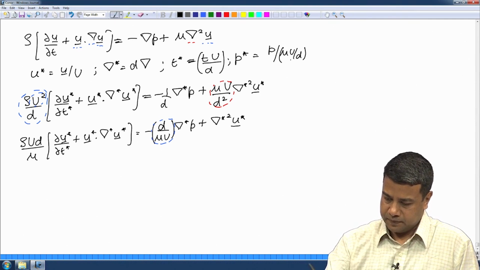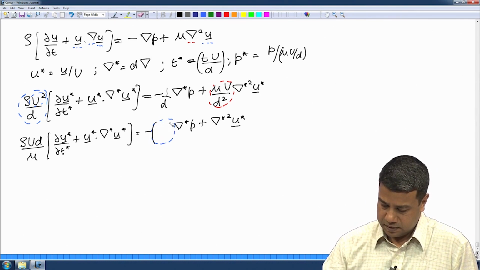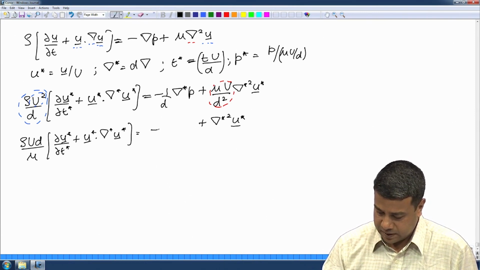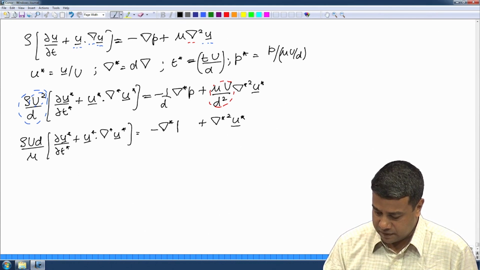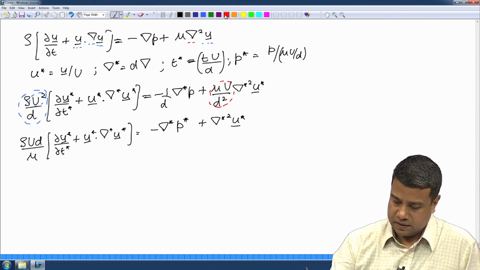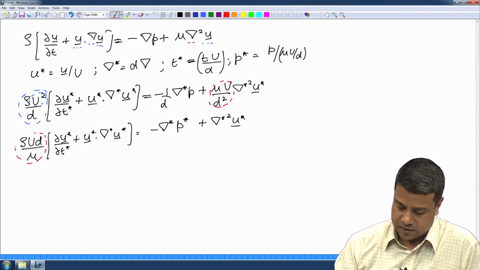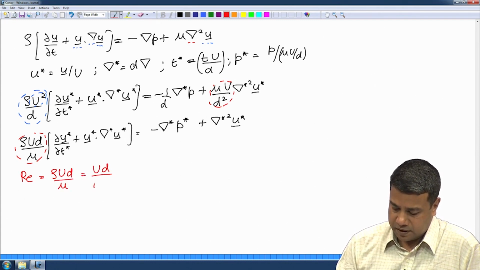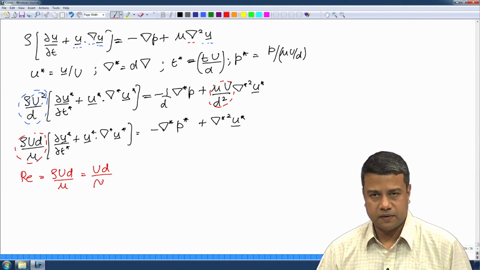Then the pressure term just becomes minus the gradient of the scaled pressure. And on the left side we have the dimensionless number, the Reynolds number, u d divided by the kinematic viscosity or the momentum diffusivity.